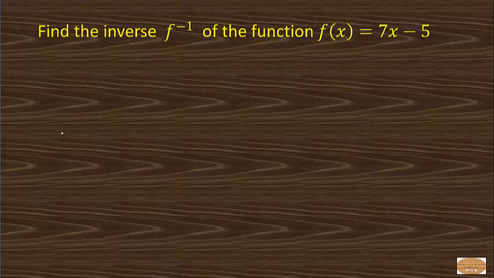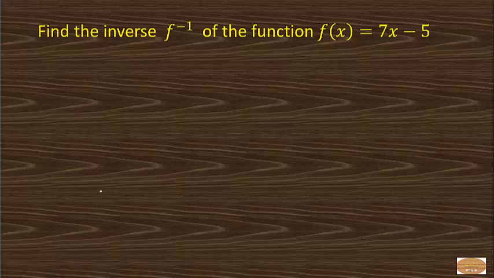After that you interchange x and y, and lastly you make y the subject. Now let's solve this example. For example 1, find the inverse of the function. Now we have f of x.